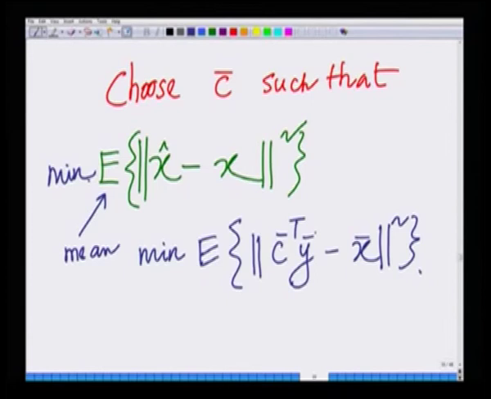So, given y, I am going to linearly combine it. C bar transpose y is the estimate, x is the actual quantity. I want to minimize the estimate minus the actual quantity, which is the error, but I am taking the mean of the squared error, hence I am minimizing the mean squared error. This is what MMSE wishes to achieve.